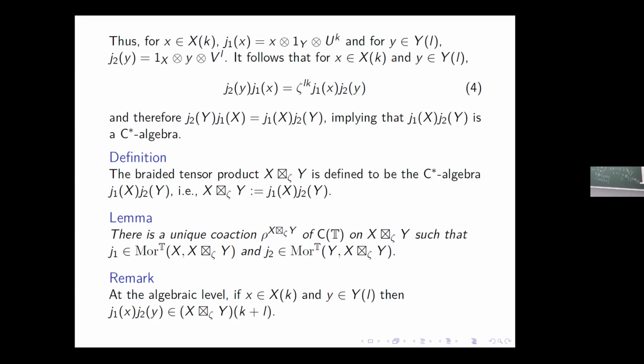So you introduce the power zeta to the LK, which is given by equation 4. So this is J1X and this is J2Y. That is what equation 4 says.